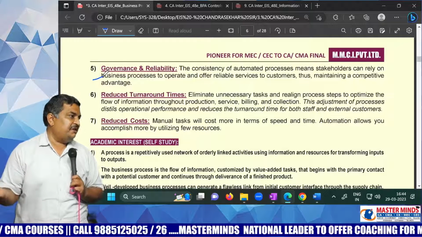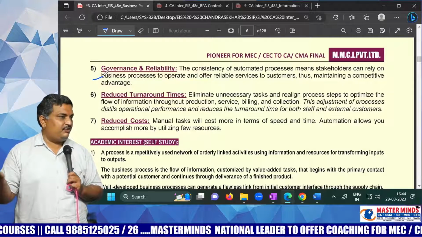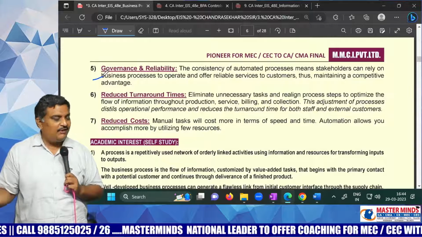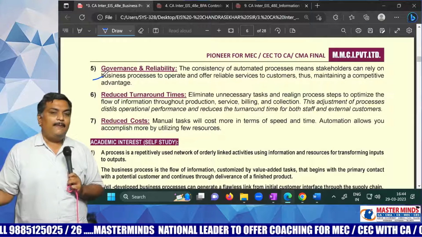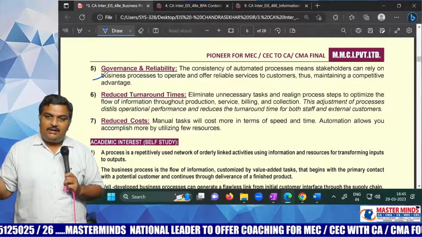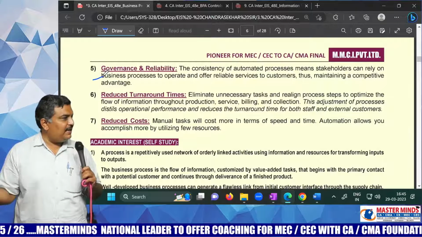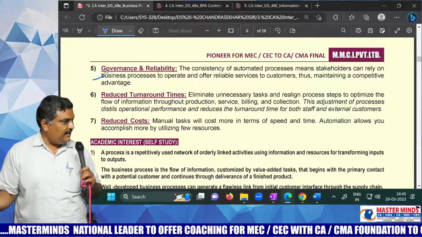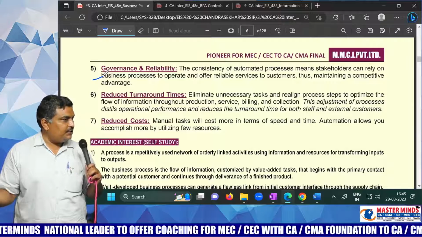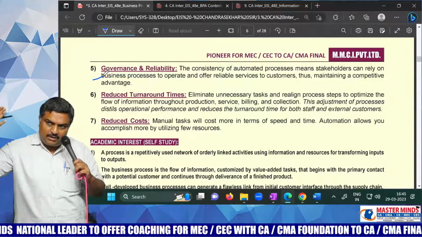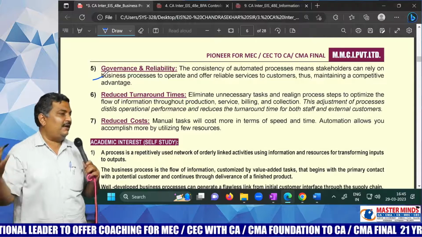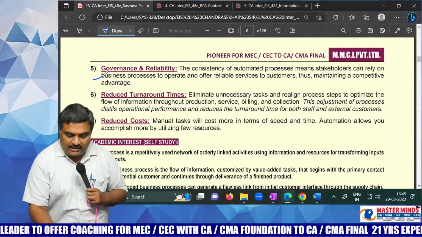But ATMs stand there 365 days, 24/7, no holidays, no Sri Rama Navami, nothing. And controlling what is happening inside them is very easy. As they don't have emotions and don't resort to illegal things, reliability also will be there. And reduced turnaround times.